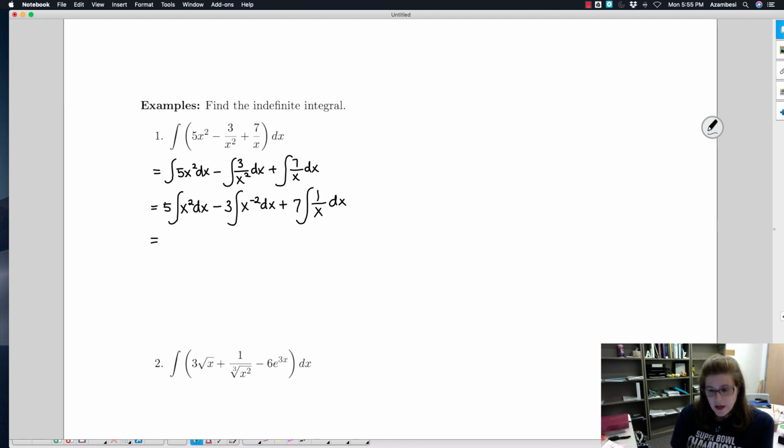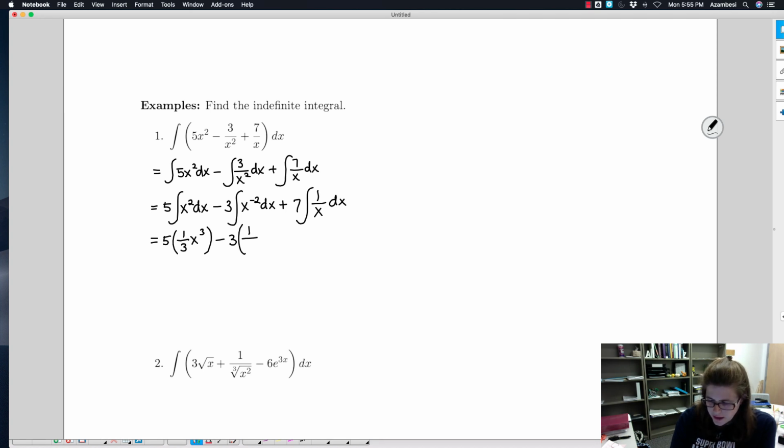So then when we take our antiderivative here, our 5 is here. Now we're going to bump that power up to 3. So I have times 1/3 x cubed, that's my n plus 1, minus 3, and we're going to bump that power up by 1, so we get negative 1.